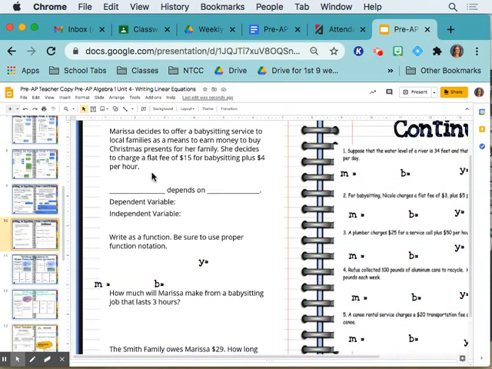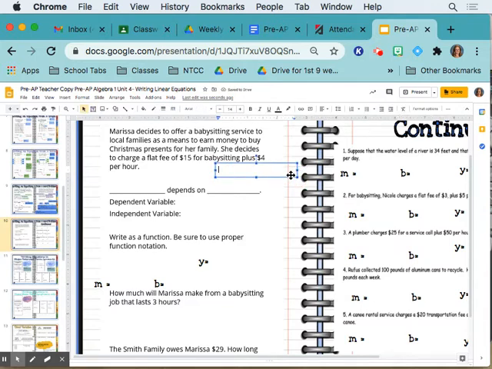So, what depends on what? What are our two variables? Number of hours, yeah, because you get the $4 per hour, so that's your rate. No, what's our total though? Because we have the flat fee, that's like your y-intercept. Then you have your rate, and then whenever you do the operation, let's say for 1 hour, what are you finding?